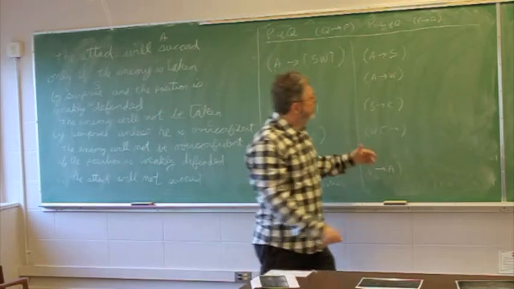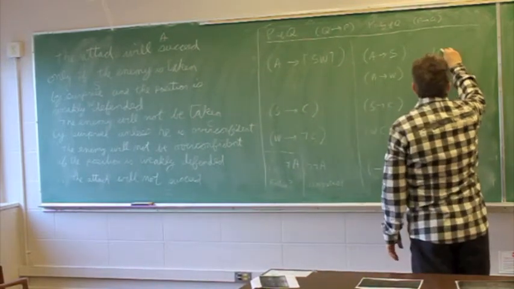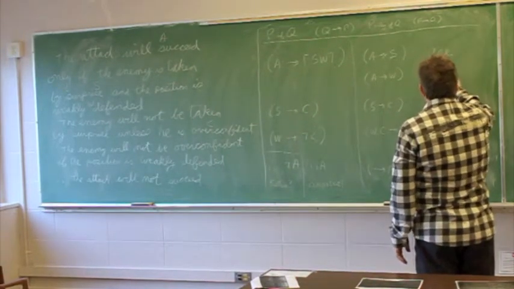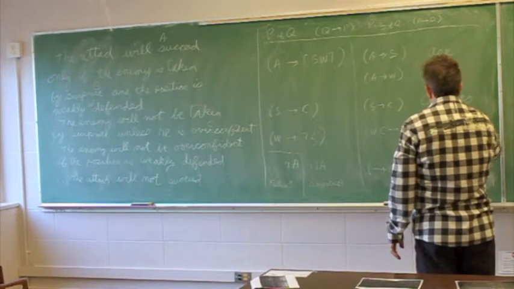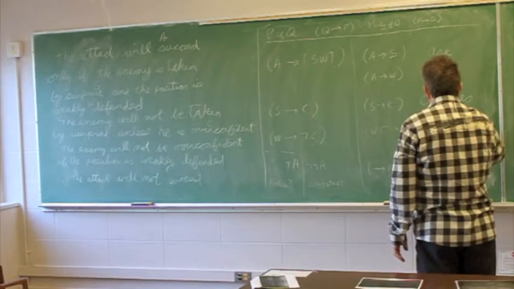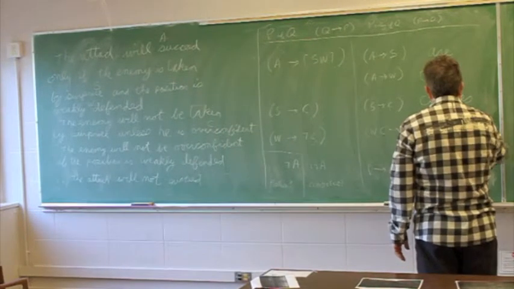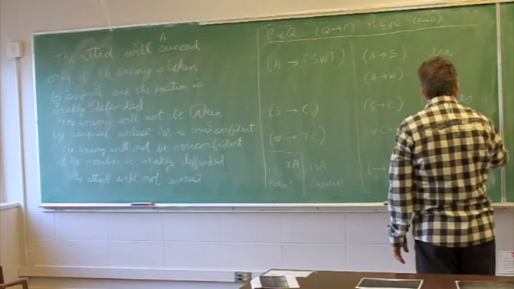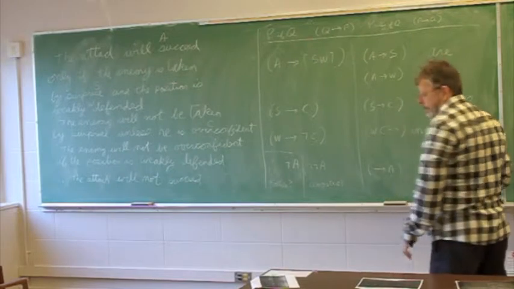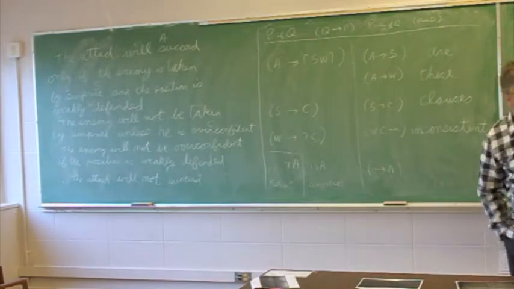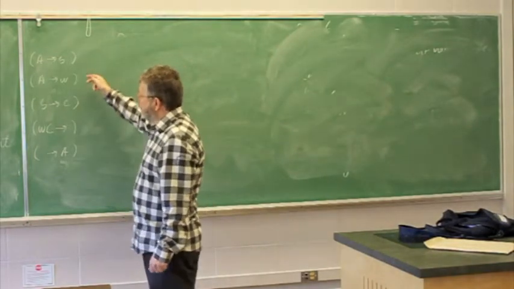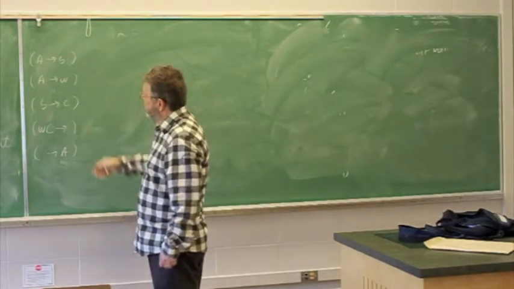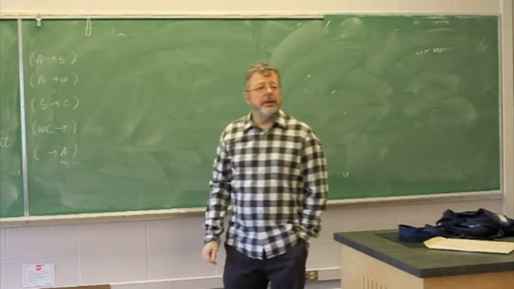So the question now is, are these clauses consistent, or inconsistent? We can ask either question. These are the clauses, there are five of them, and the question is, are they consistent?